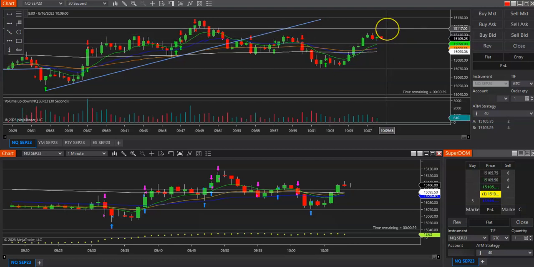Want to see if we get a continuation. The real test is going to be around the 120s, 127, which is a huge area of resistance. But we shall see what it wants to do.